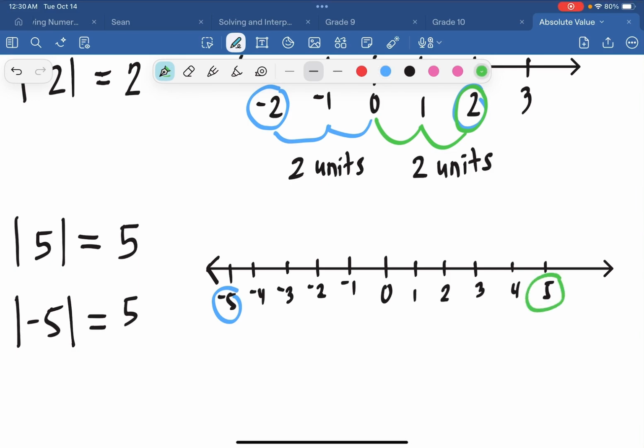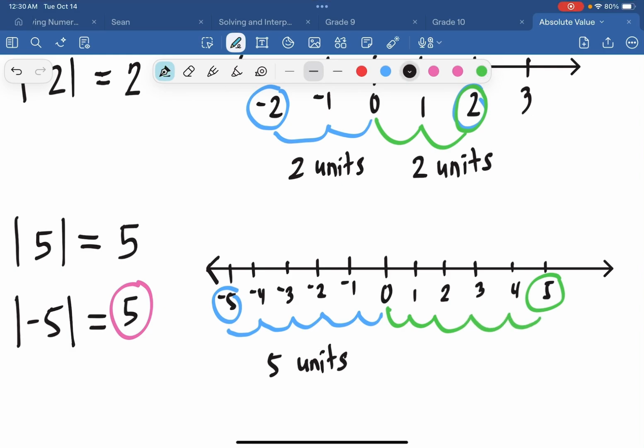From 0, how many jumps do we have here? So 1, 2, 3, 4, 5. So we have 5 units. That's why we have it here, 5. Same goes with the other side. So 1, 2, 3, 4, 5. And I hope that's clear using our illustration.